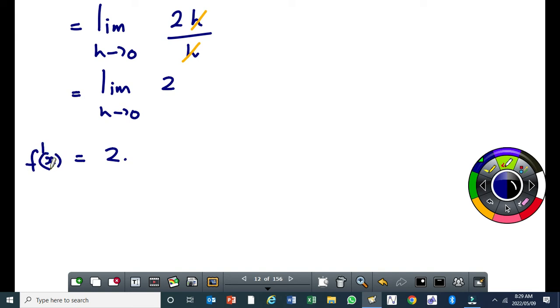What this means is the gradient that we get by inspection is equivalent to the gradient we get by using the definition of the derivative from first principles. So be aware that m is equivalent to f prime of x. They are both equal to what? To 2.